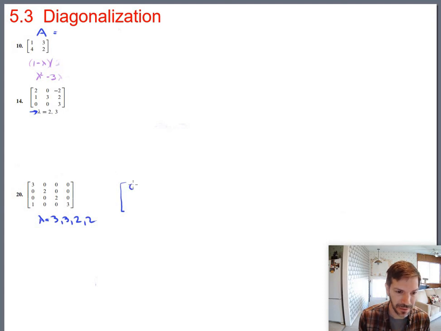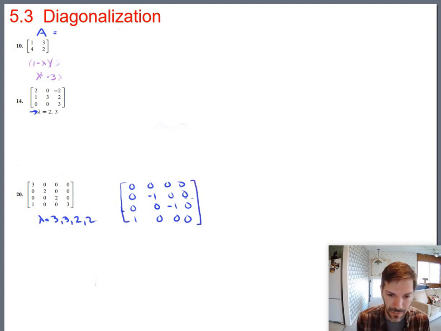3 minus 3, so 0, 0, 0, 0, 0, negative 1, 0, 0, 0, 0, negative 1, 0, and 1, 0, 0, 0. Okay, this is a pretty sparse matrix, but let's see what we can work with here. I'm going to write them in a different order.